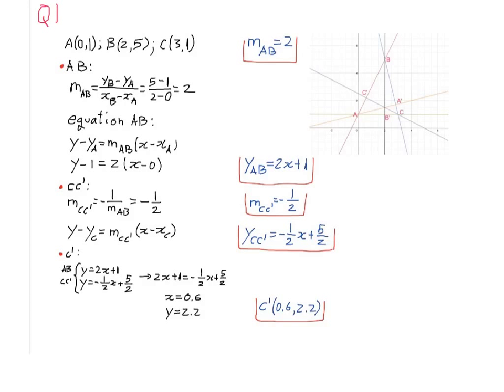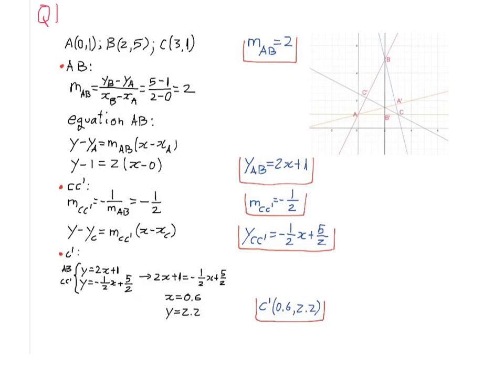Now in order to find the coordinates for C prime, we need to solve a system of two simultaneous equations. The coordinates for C prime are at the intersection of line AB, which is y equal to 2x plus 1, and CC prime, which is y equal to minus 1 over 2 x plus 5 over 2.